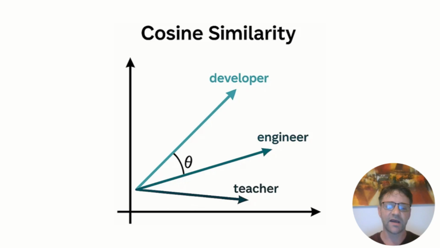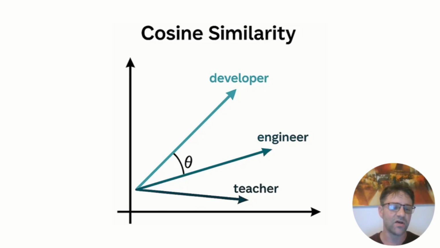And if we get the cosine similarity, what we're actually doing is getting the angle from the origin of the multidimensional space to where these words land in the multidimensional space. If the cosine similarity is close to 1, we know that they are landing in a very similar place.